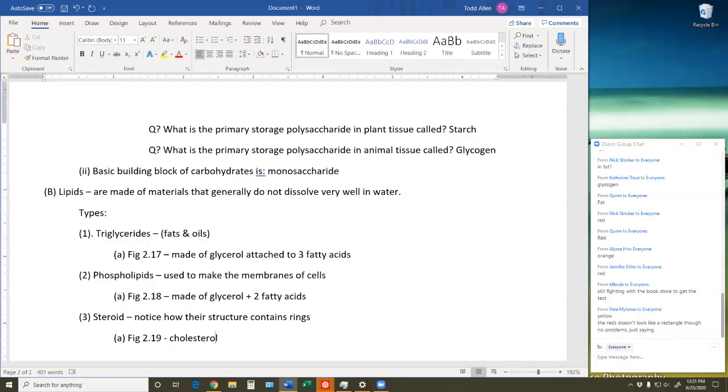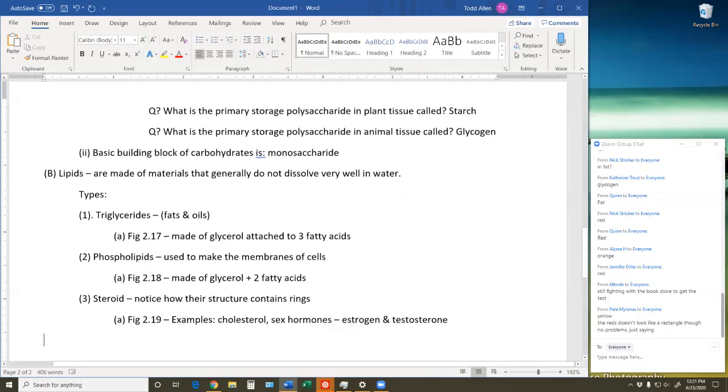So the examples would include the sex hormones, estrogen and testosterone, shown in your book in figure 219.